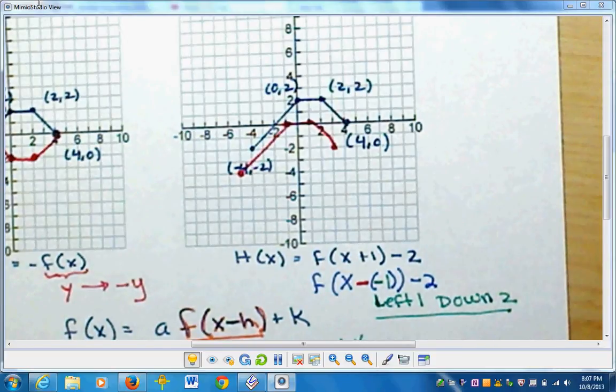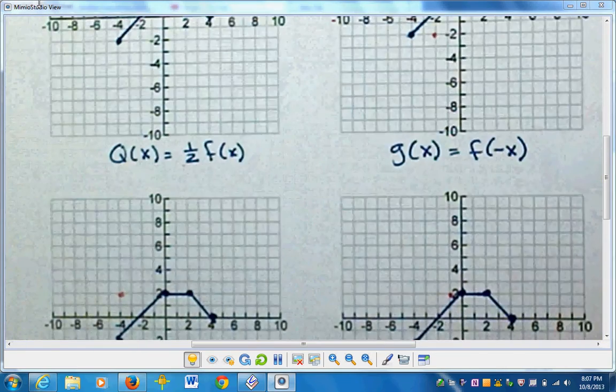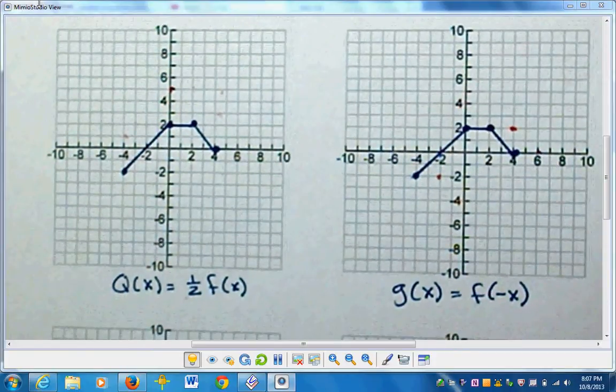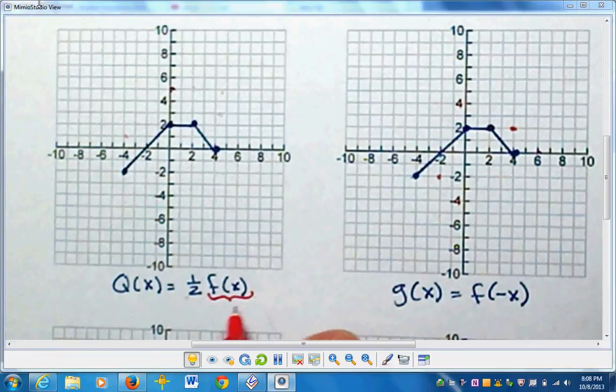Okay, so let's look at some things that are a little bit different. So as long as it's on the outside of my f of x, it's very straightforward. So here, remember, f of x is the same as y.